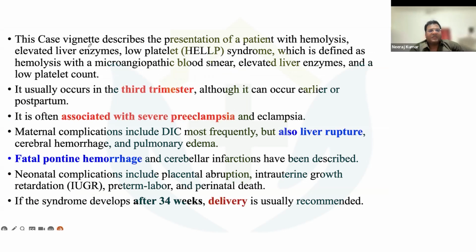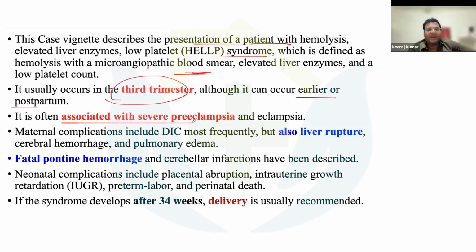Why? This case vignette is describing a patient with hemolysis, elevated liver enzymes, low platelet syndrome, which is defined as hemolysis with MAHA, microangiopathic hemolytic anemia features. It usually appears in the third trimester, although it can occur earlier or postpartum. It is associated with severe preeclampsia and eclampsia, and here the maternal complications include DIC most frequently.